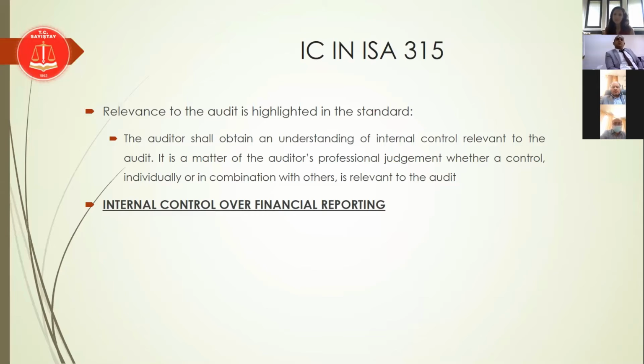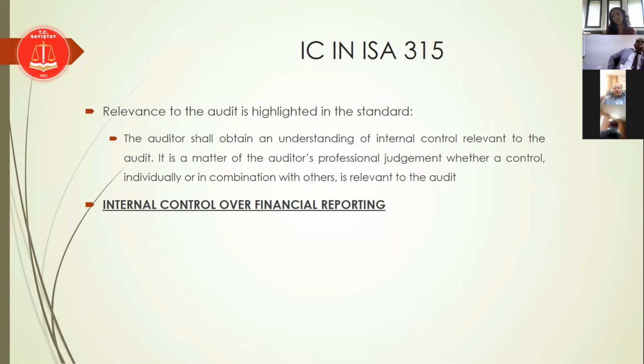Internal control system is bigger than the financial reporting. As you may remember, there are three categories of objectives one organization aims at achieving. So these objectives, let me remind you again: operating, reporting, and compliance.